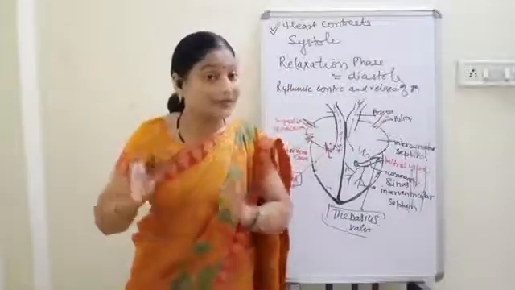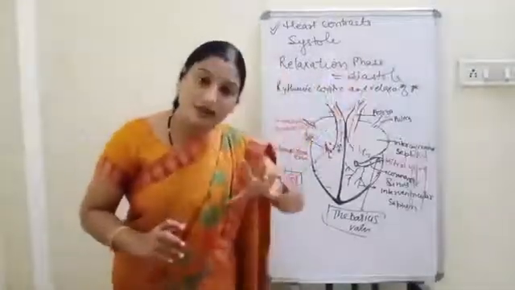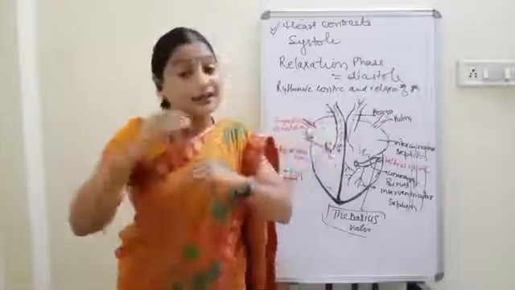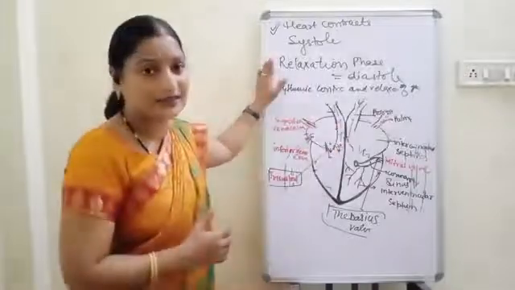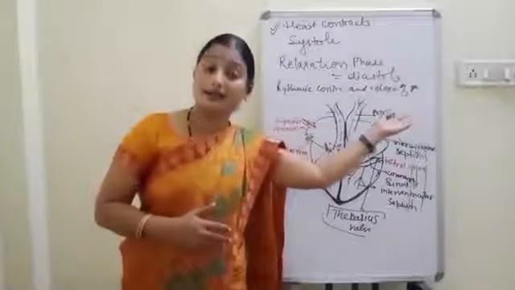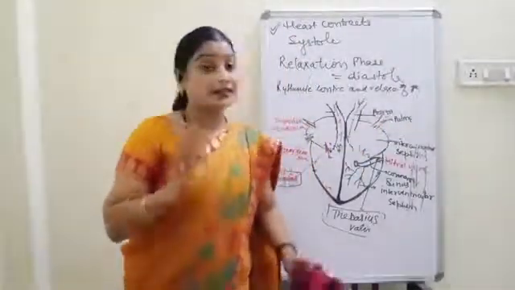Okay. Then this relaxation phase is called the diastole. And this contraction and relaxation occurs throughout life in a rhythmic period, and this is called the heartbeat. Now, from this contraction and relaxation, we'll see our cardiac cycle.